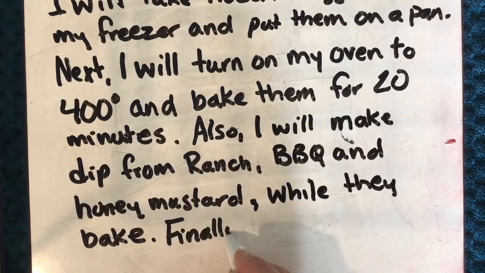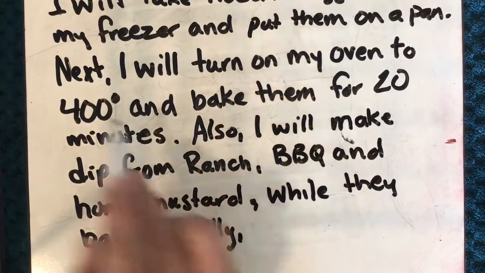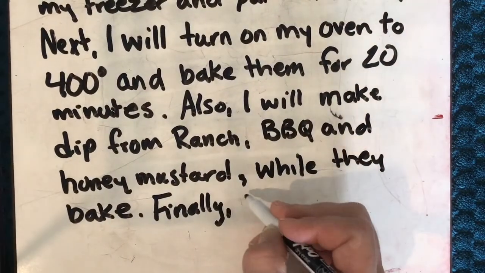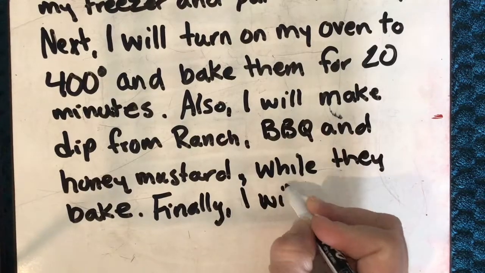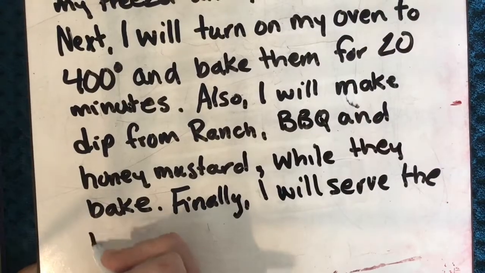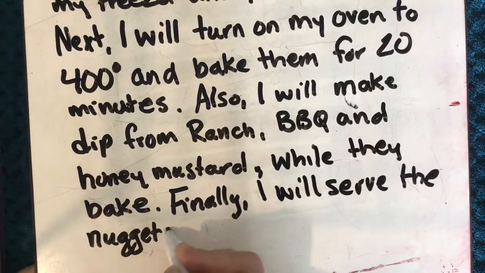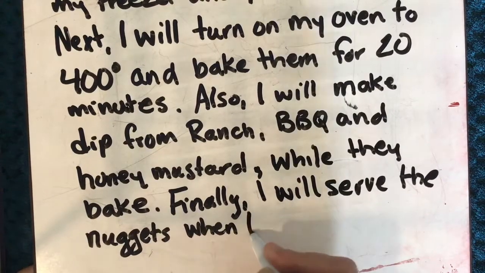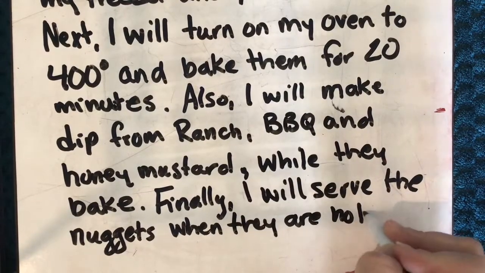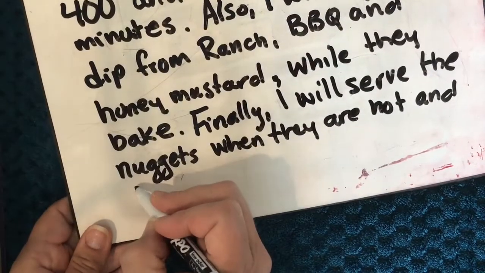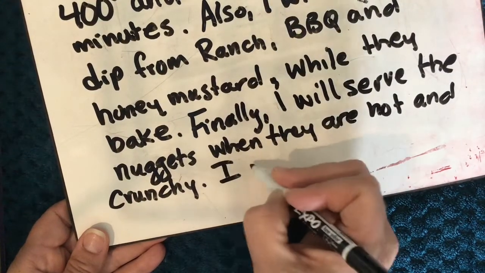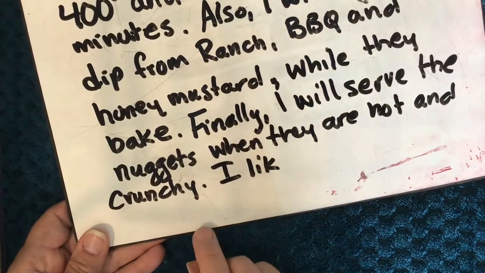Finally, comma, like also, comma, next, comma, first, comma, finally, comma, I will serve the nuggets when they are, I'm going to say, not just crunchy, but hot and crunchy.